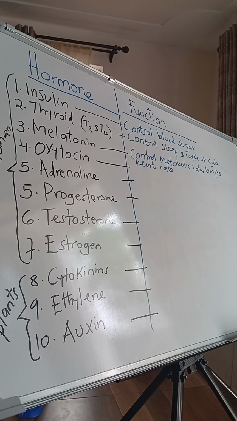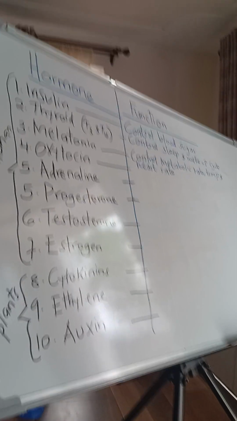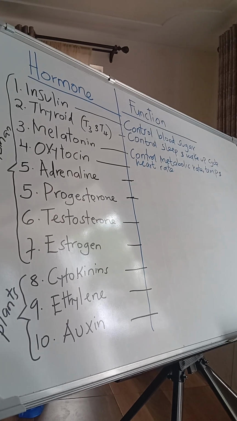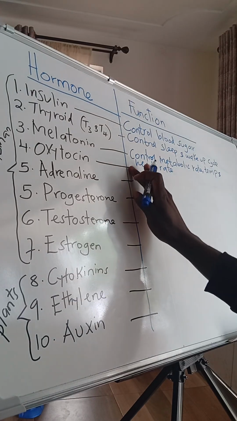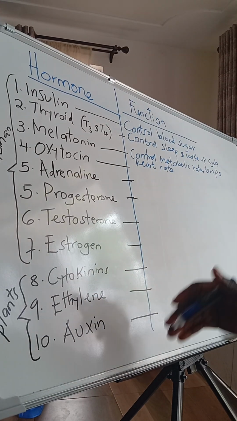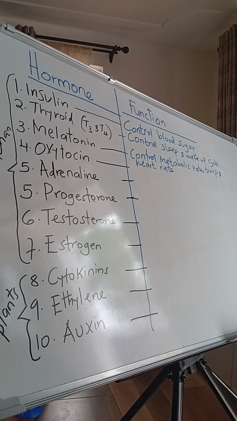The third hormone is called oxytocin hormone. It is produced in the hypothalamus of your brain and then released to the pituitary gland.